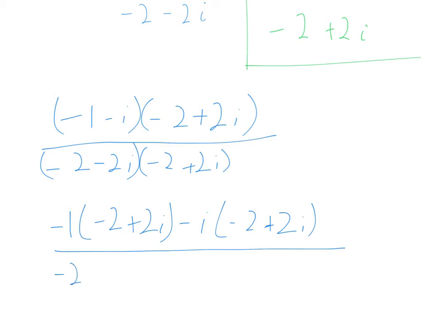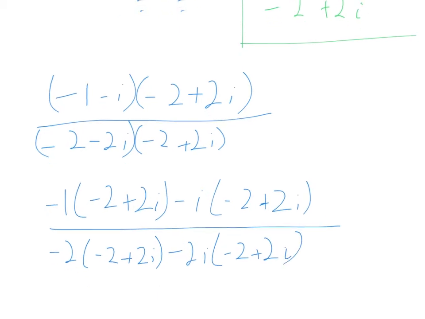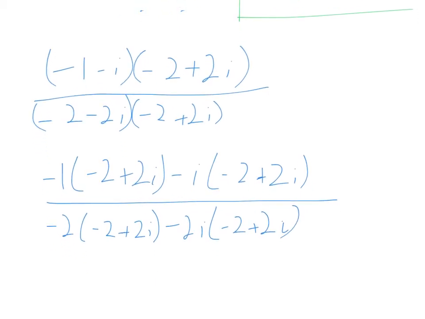So it's going to be minus 2 times minus 2 plus 2i, minus 2i times minus 2 plus 2i. Again, we broke up the first bracket for the top and bottom, and then we wrote out the second bracket twice. So if you're not sure about what I did there, just go back and look at the multiplying complex numbers video.